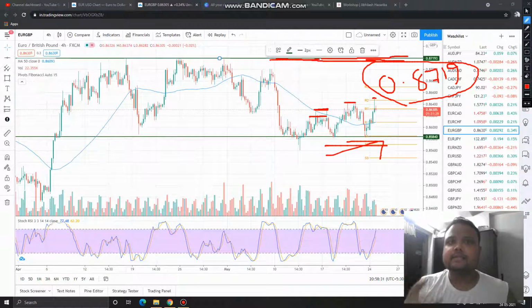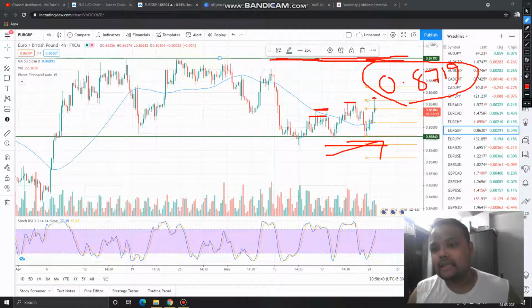If you see that price is struggling near the resistance level, then you'll get a confirmation that sellers are still present in the market and will not allow the market to go up. In that case, you can short the market once it reverses from here.